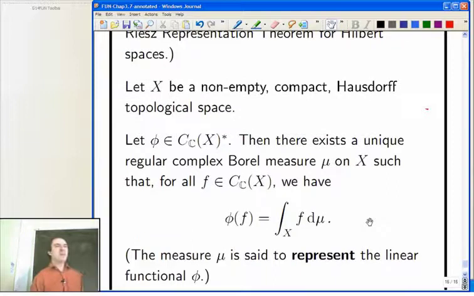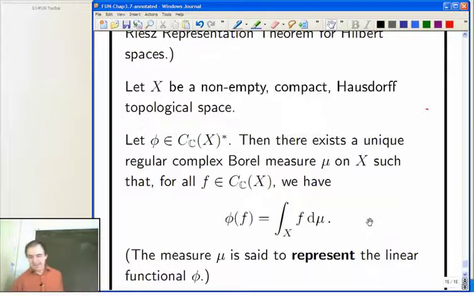We have already seen some special cases where you integrate functions over an interval against Lebesgue measure, or just Riemann integration of a continuous function over an interval, giving an example of a linear functional. That was on the first question sheet.